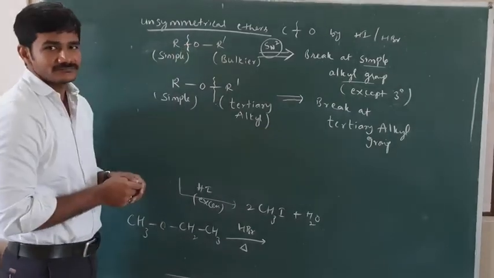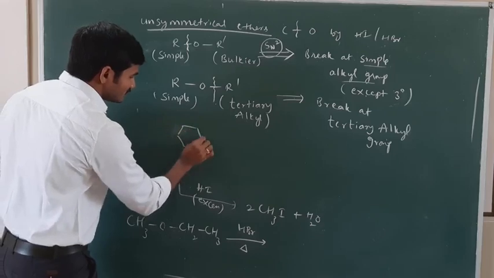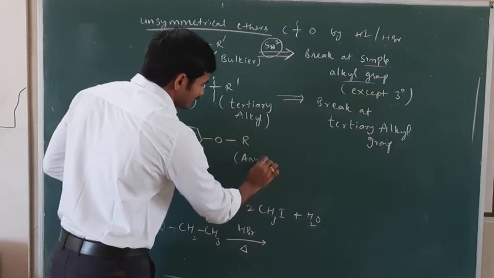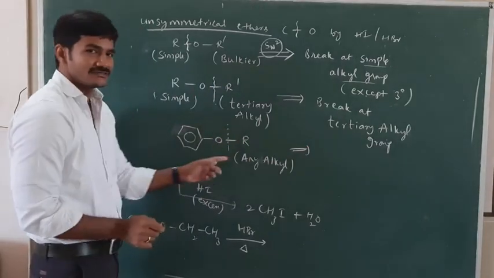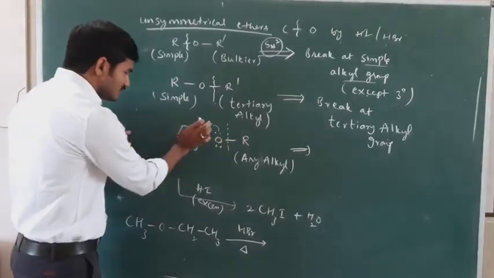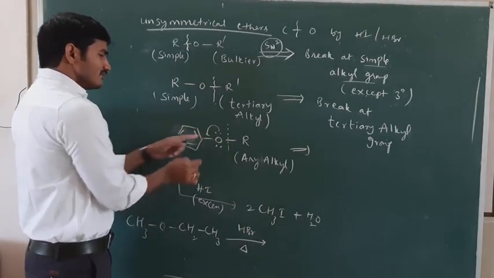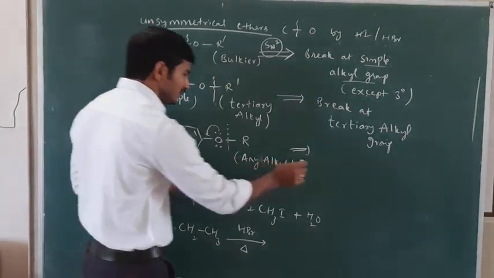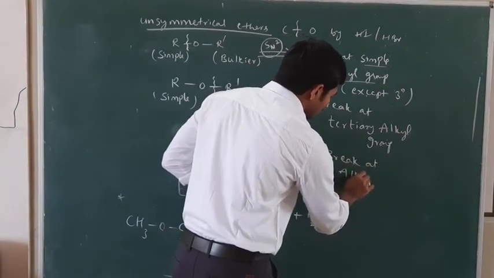If we take an aromatic compound, an aromatic ring, benzene, bonded to some other alkyl group, which may be simple or tertiary, you break at the alkyl group, because the lone pair of electrons on oxygen is involved in resonance with the aromatic ring. We cannot break that bond because it has partial double bond character. So we break at the alkyl group.